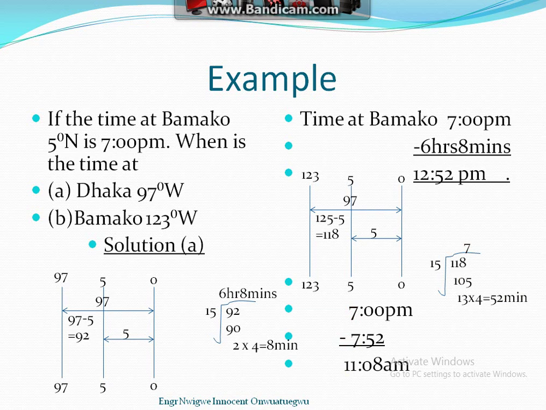We now subtract 1 hour from 52 minutes, which will leave us with 11 hours 8 minutes. So that is 11 hours 8 minutes after 8 a.m. in the morning.